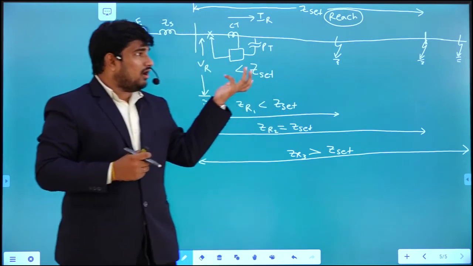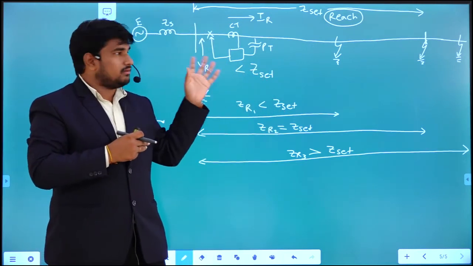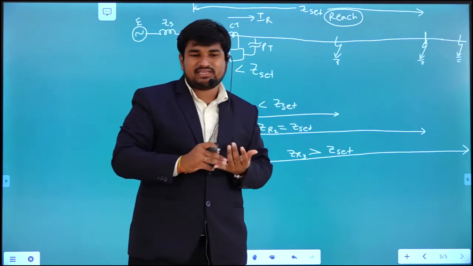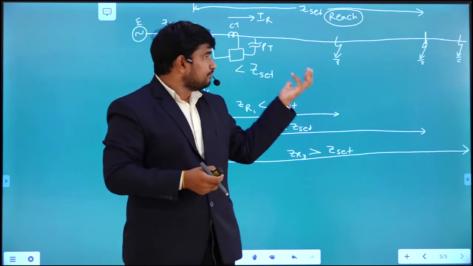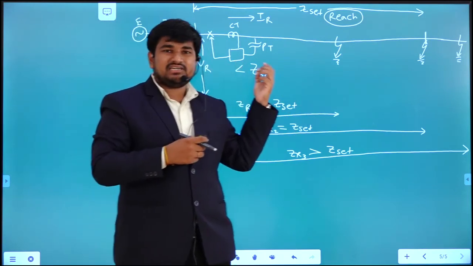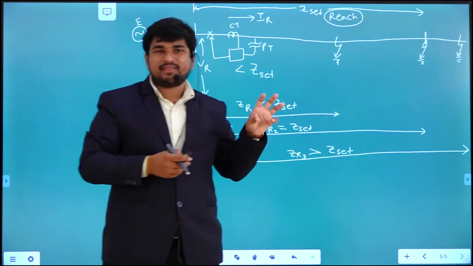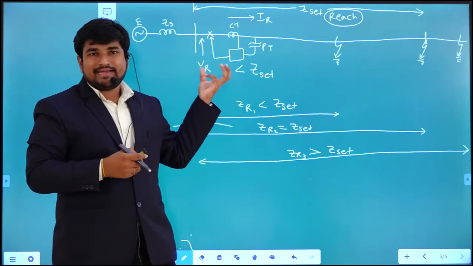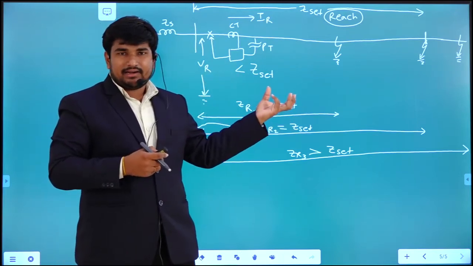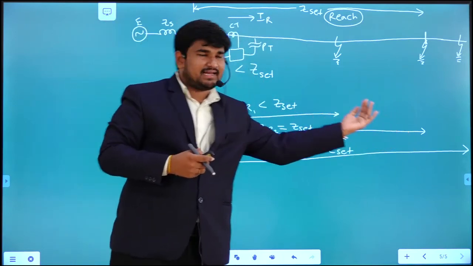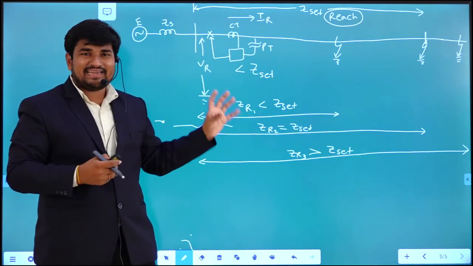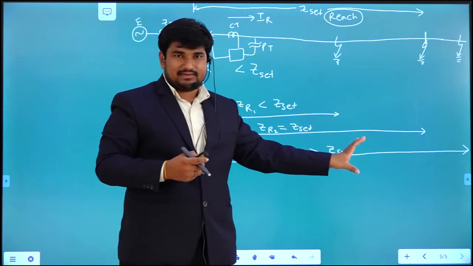Whatever the procedure may be, whether using a balanced beam type mechanism or an induction cup type mechanism, whatever mechanism is used to create torque, whenever the fault occurs within this reach, it instantaneously operates, right?